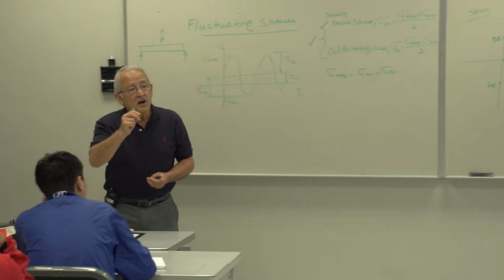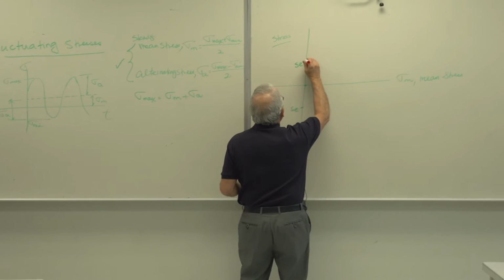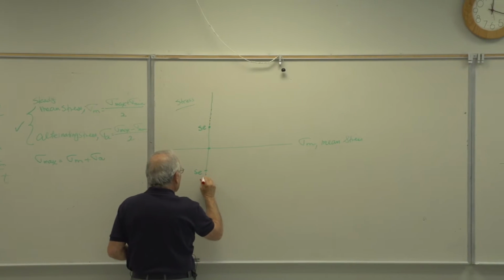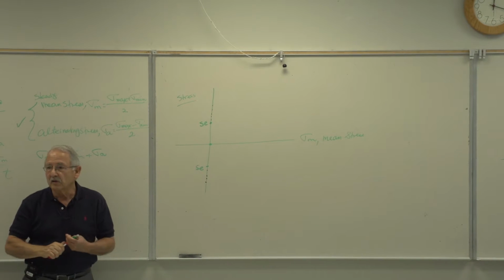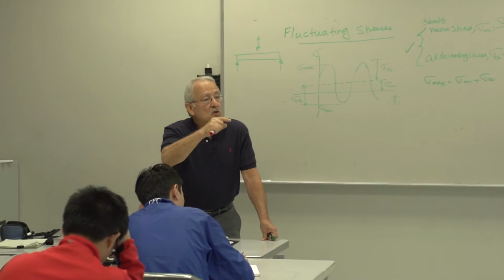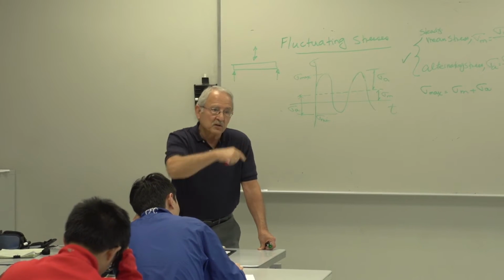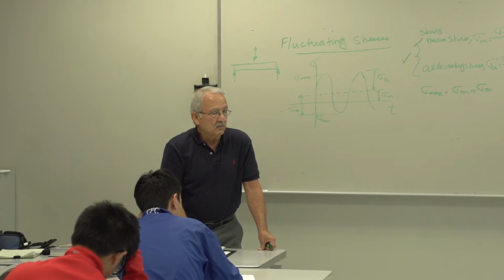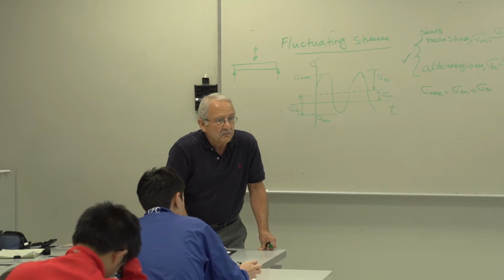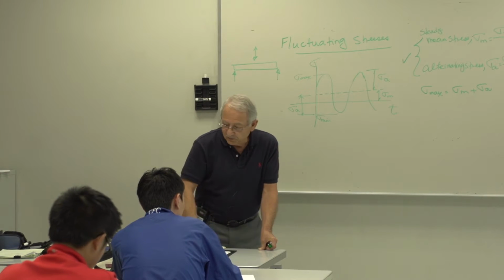So if we run tests and we find failures, then that means that the test stresses must have been somewhere there. Agreed? If we run a test and we do not see infinite life, then the stress must have been larger than the endurance limit. Does everybody understand that? Yes or no, please? Yes, thank you.